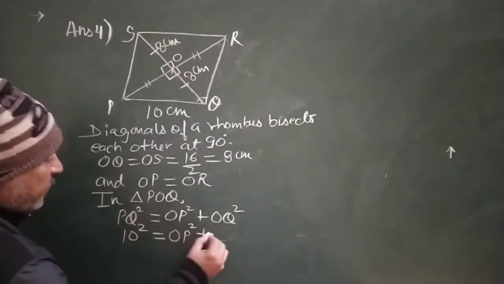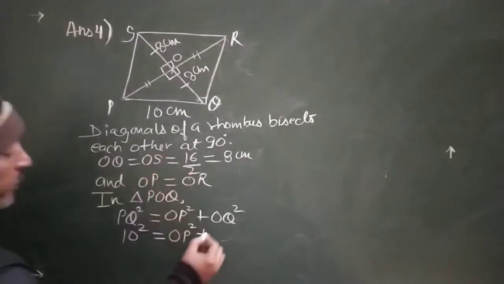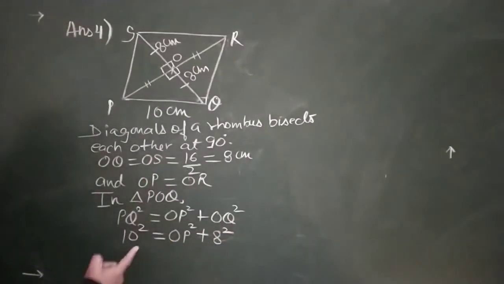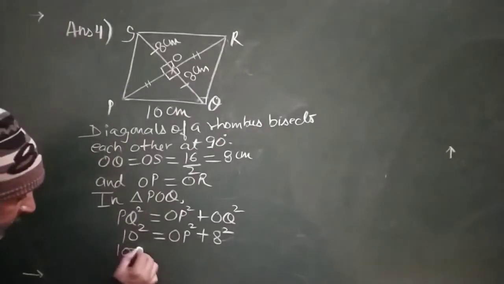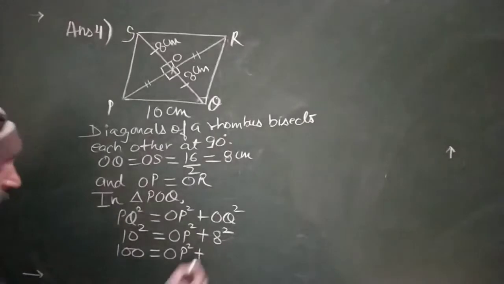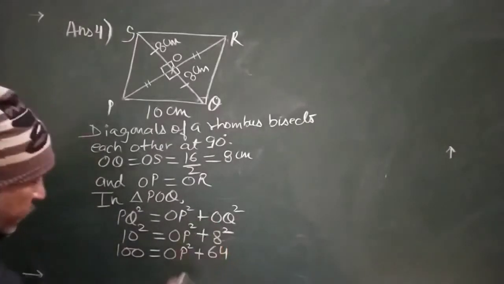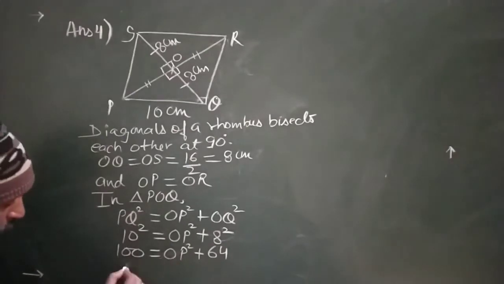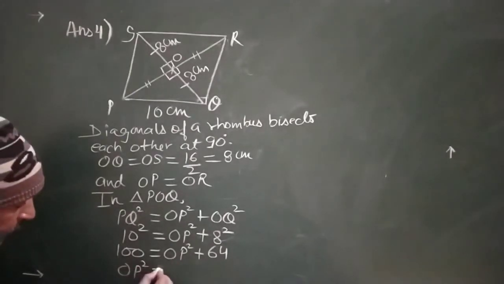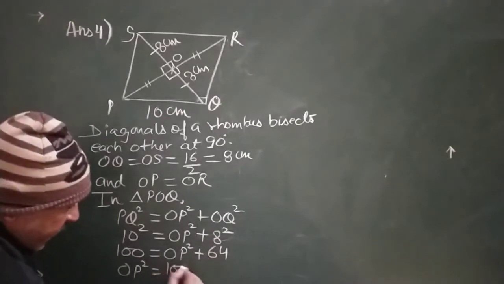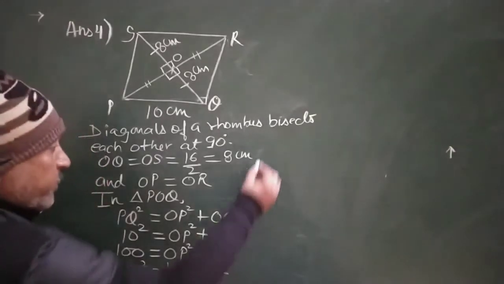So just copy it. OQ square. OQ is 8. So it will become 8 square. So can we solve it more? Yes. 10 square means 10 into 10. It will become 100 is equals to OP square plus 8 square is 64. So from here can I have the value of OP? Yes, the value of OP square will be transpose 64 to other side, 100 minus 64. See it here.